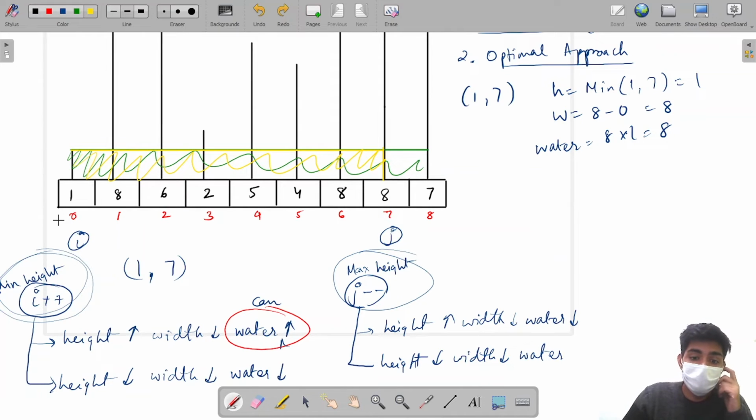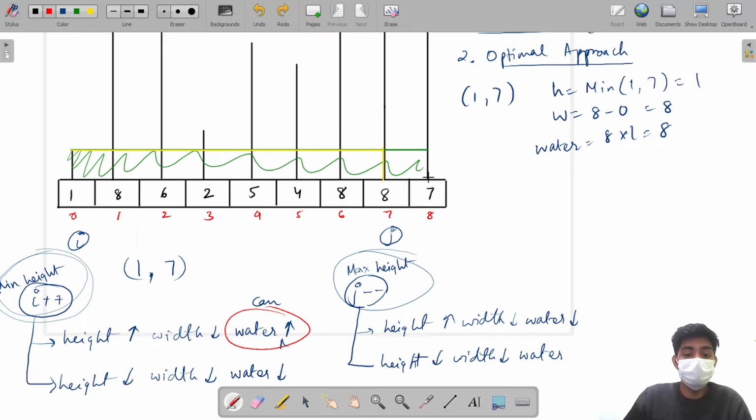So I said that if I reduce my maximum height, my water will decrease regardless because my width is decreasing. The main reason is my width is decreasing. This is the gap which was covered. This is the gap of the width.